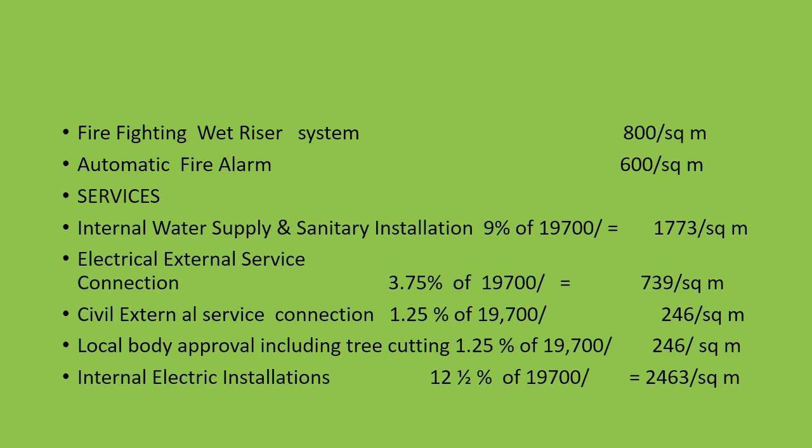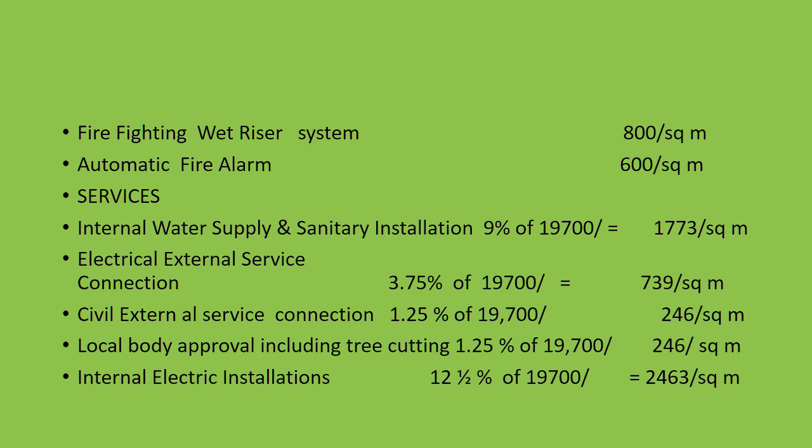Electrical external service connection 3.75%. Civil external service connection 1.25%. Local body approved including tree cutting is equal to 1.25. Internal electrical installation is 12.5%, which is very much on the higher side.